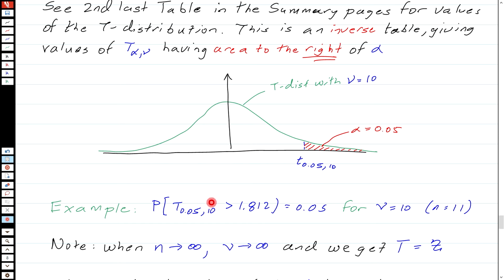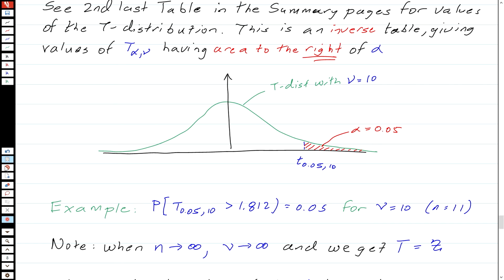The probability that t 0.05 with 10 degrees of freedom is greater than 1.812 is equal to 0.05. And this is for nu equals 10 degrees of freedom, so n is 11. Let's go check that. So we need to remember, we're looking at area to the right of 0.05, 10 degrees of freedom, and 1.812, and just checking to make sure that that area is 0.05.